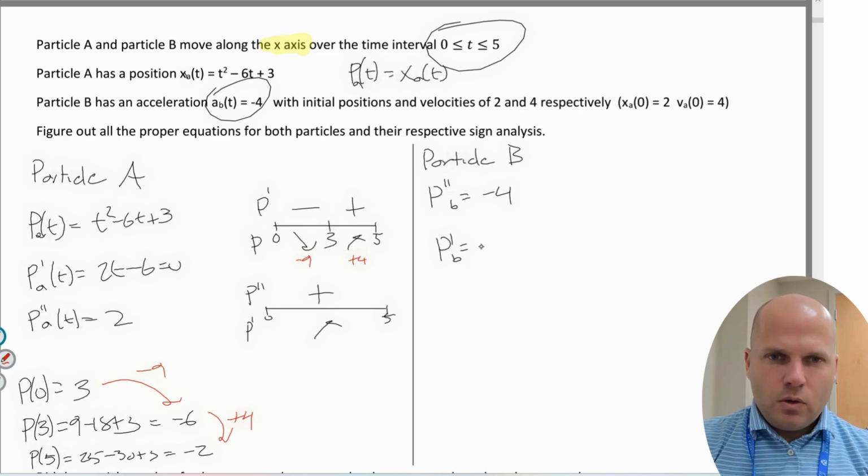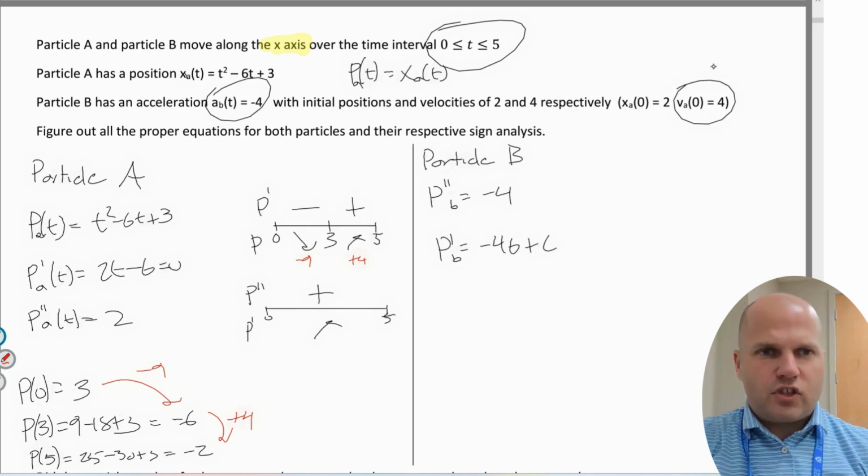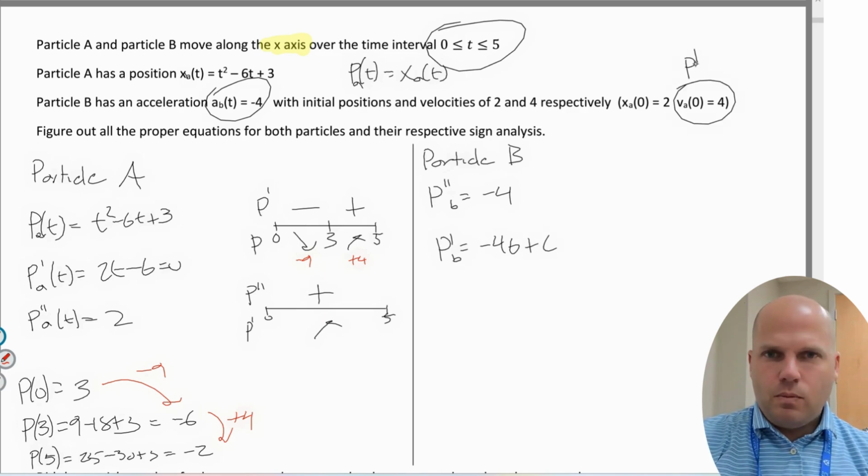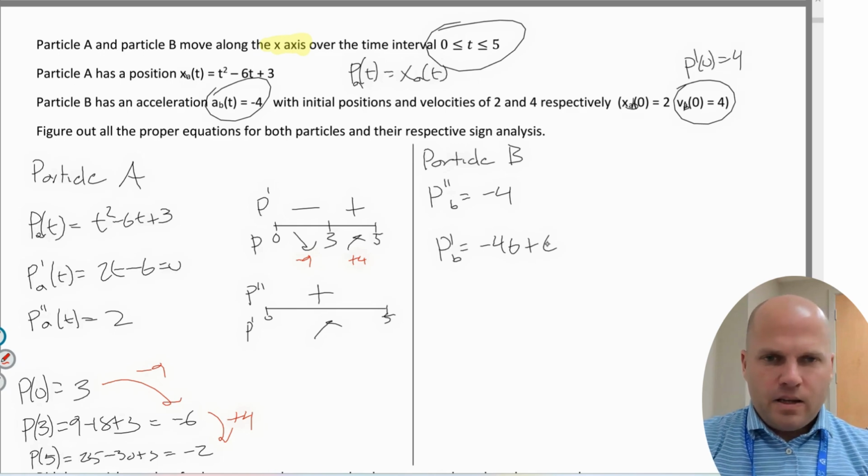P prime will be negative 4t plus c. I'm told v of 0 is 4. Oh, sorry, that should be a B. That's p prime of 0 is 4. If I plug in 0, I get 4.